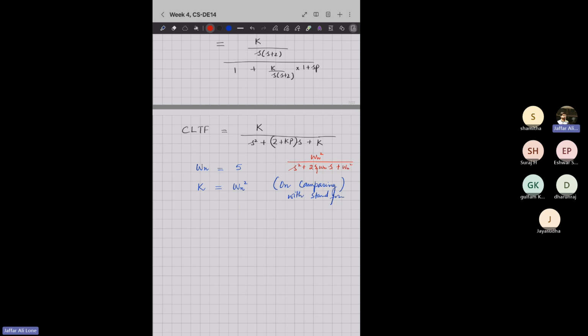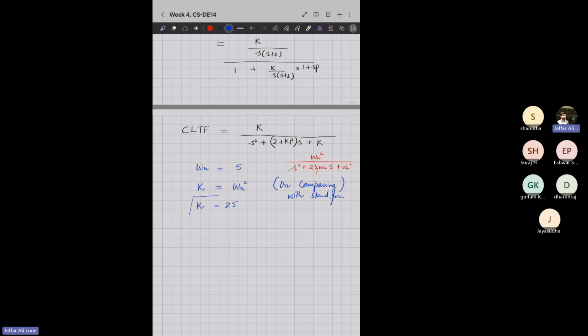It will come very handy. So this is my standard transfer function. So based on this, what is the value of K? K is omega n square. So that means my K is 25. So the value of K is 25.